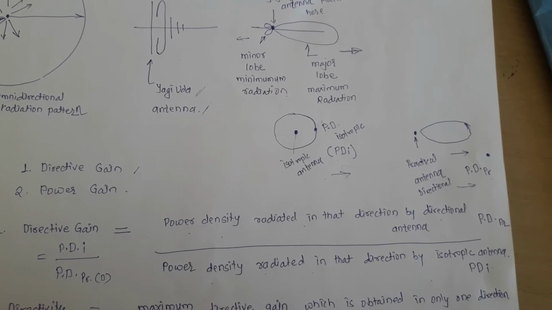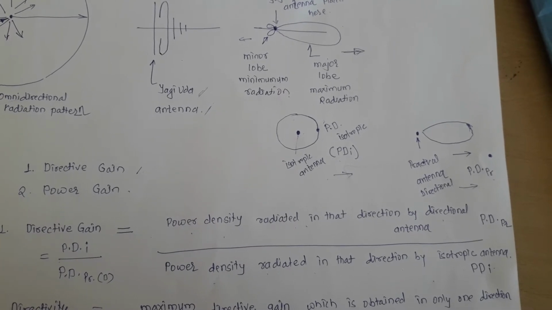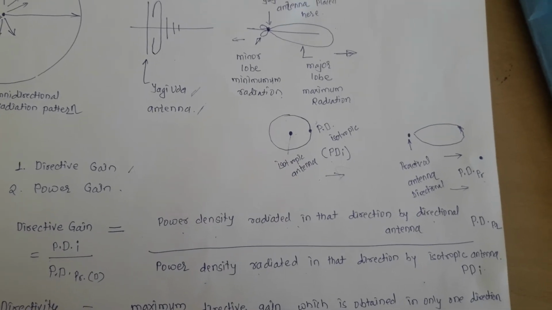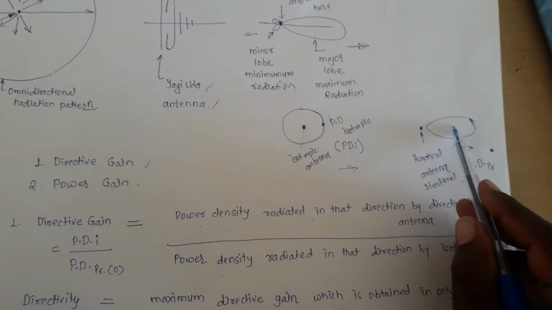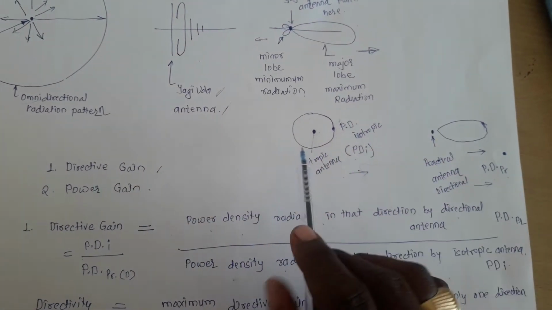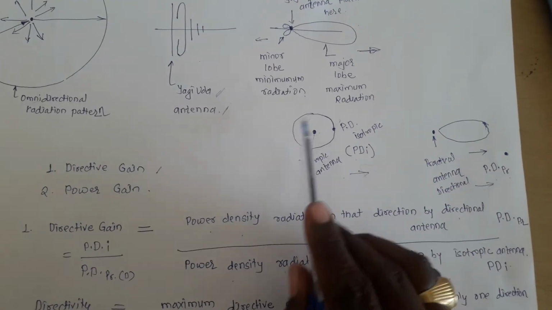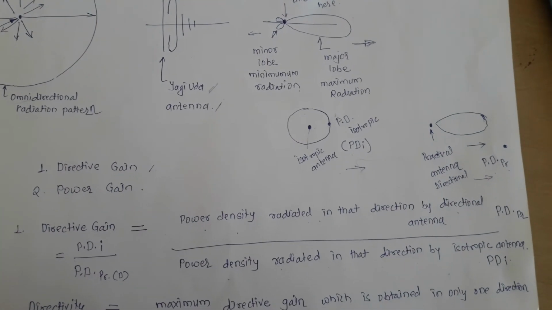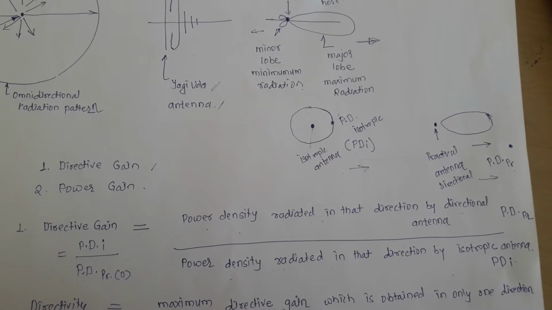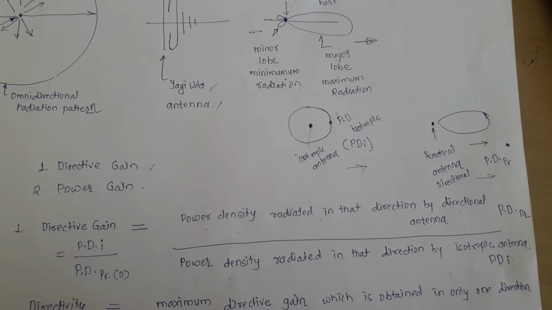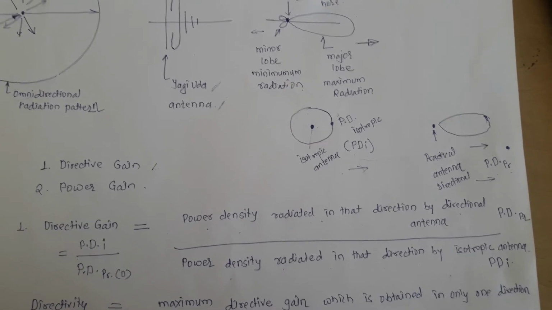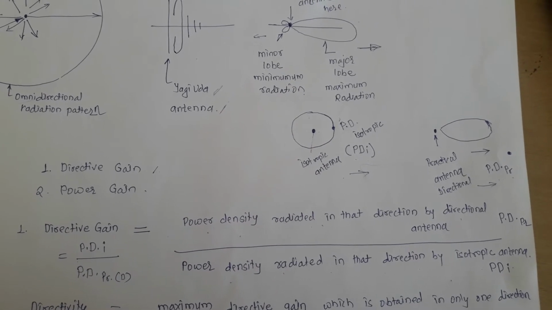Due to the higher directivity, the directional antenna will produce higher power density than the isotropic antenna, because there is more power density at the directive antenna and less at the isotropic antenna. So the directive gain of the practical antenna should always be greater than unity. It must be more than one.